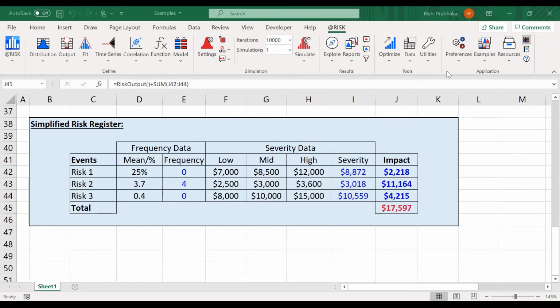Is compounding affected if the underlying distributions are a mixture of discrete and continuous distributions? That's our question. Okay, good question. So compounding, if I take a look at this risk compound function here, it references these two cells, a frequency cell and a severity cell.